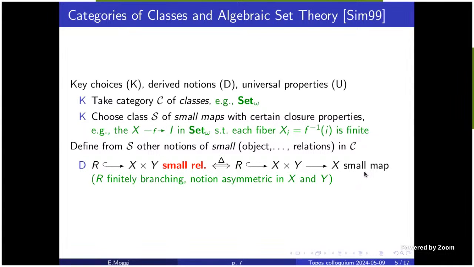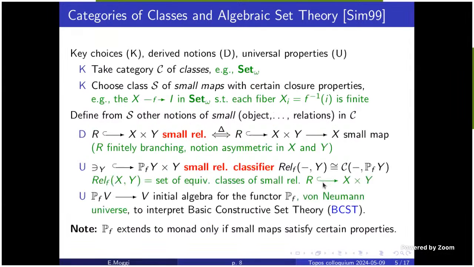Okay? So in particular, in the case of Set omega, with this particular choice of small maps, small relations are finitely branching relations. So for every x, there are only finitely many y's related to x.